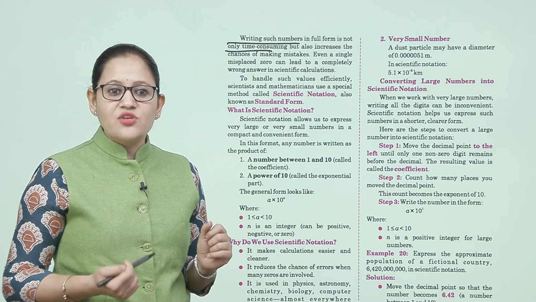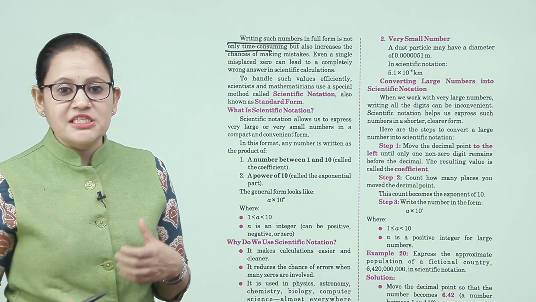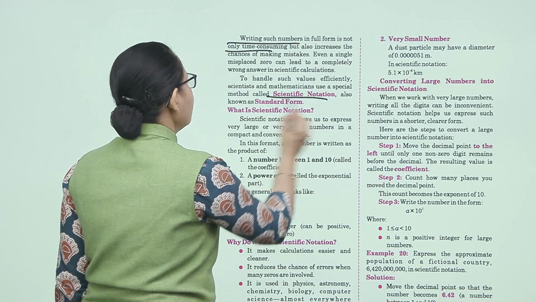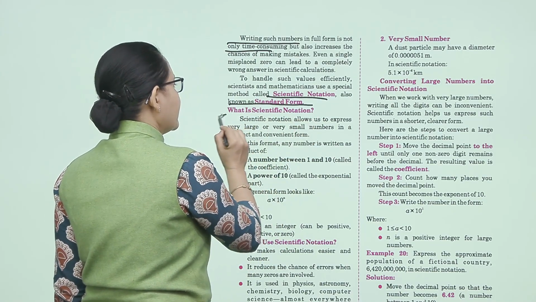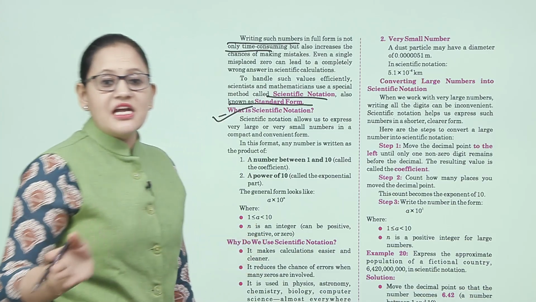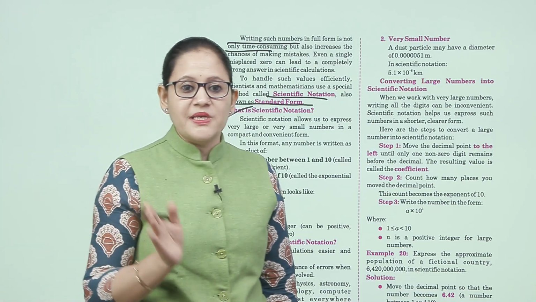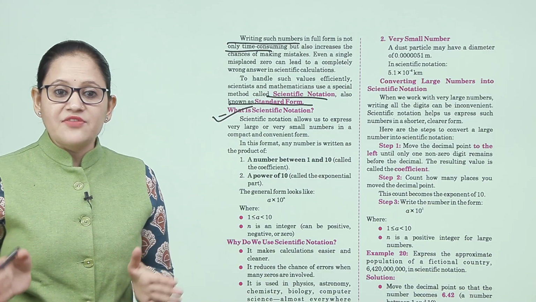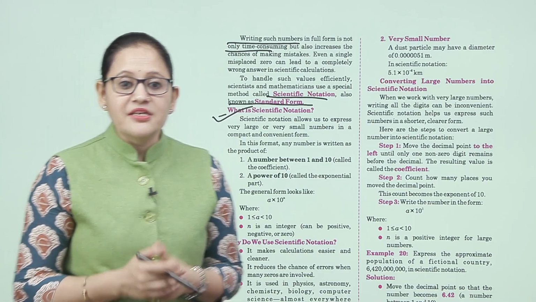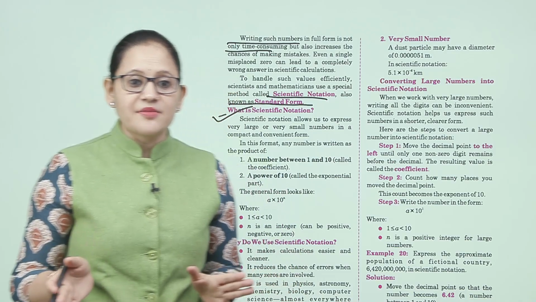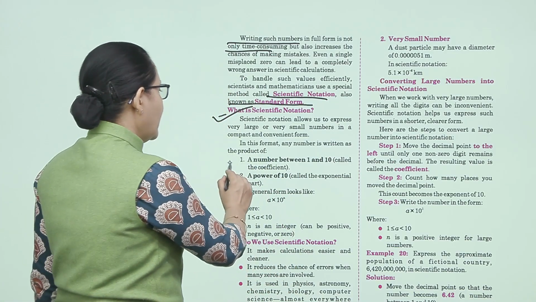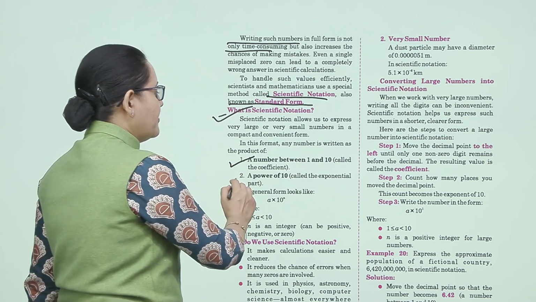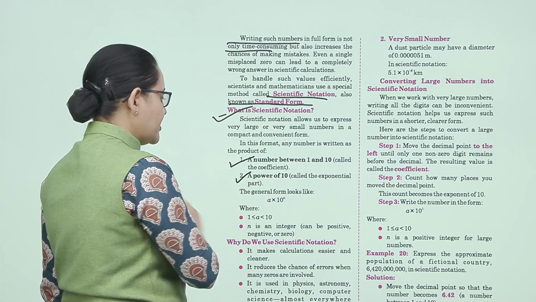To handle such values efficiently, scientists and mathematicians use a special method called scientific notation, also known as standard form. Now, what is scientific notation? Scientific notation allows us to express very large and very small numbers in a compact and convenient form. In this format, any number is written as the product of a number between 1 and 10, called the coefficient, and a power of 10, called the exponential part.